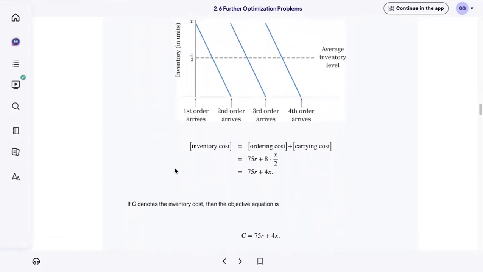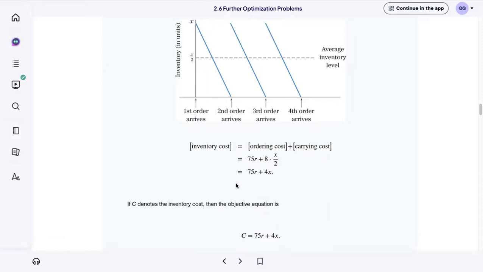So we can form the inventory cost equation. One cost comes from ordering. Each order costs $75. For R many orders, that's 75 times R, 75R. So that's the ordering cost. What about the carrying cost? Each one costs $8, but then X divided by 2, so 8 divided by 2 is 4, so 4X.